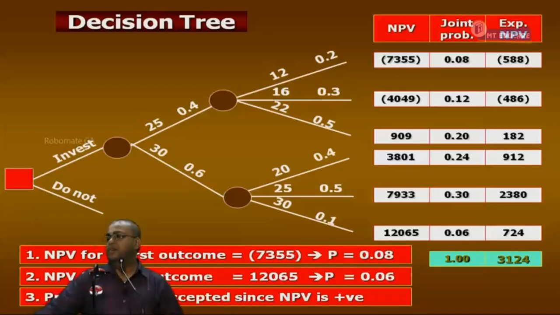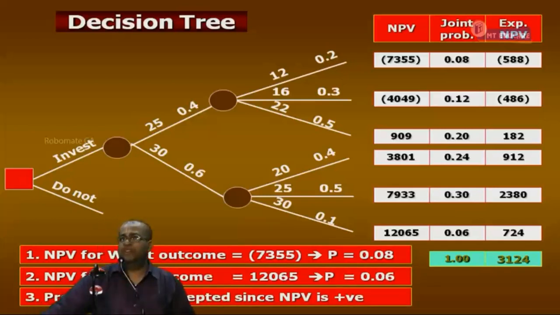Point number 2. For example, to have an NPV of minus 7355, two events should simultaneously happen.